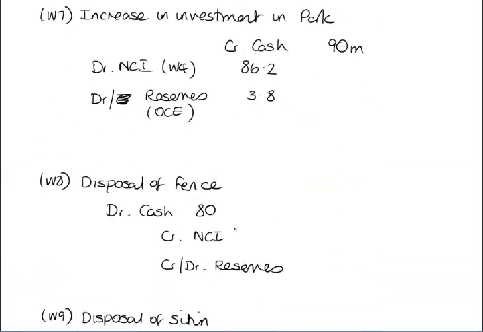So I'm going to credit the NCI 25% of 210.5, which is 52.6. So we're going to credit reserves with the difference of 27.4, and that goes through to OCE.